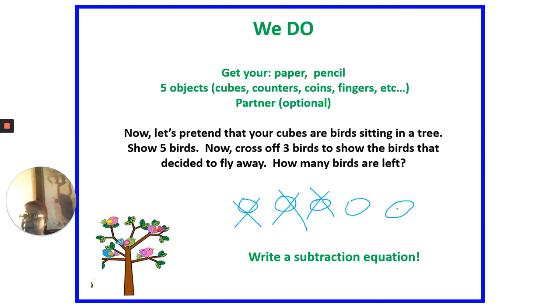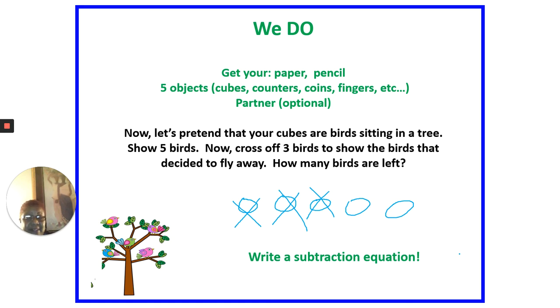Good job. How did you know which number to write first in your number sentence today? How did you know which number to write first in your equation? You count how many you have in all. 1, 2, 3, 4, 5.